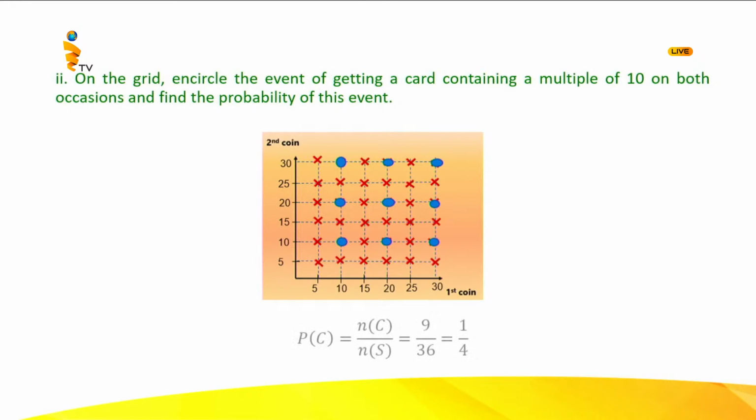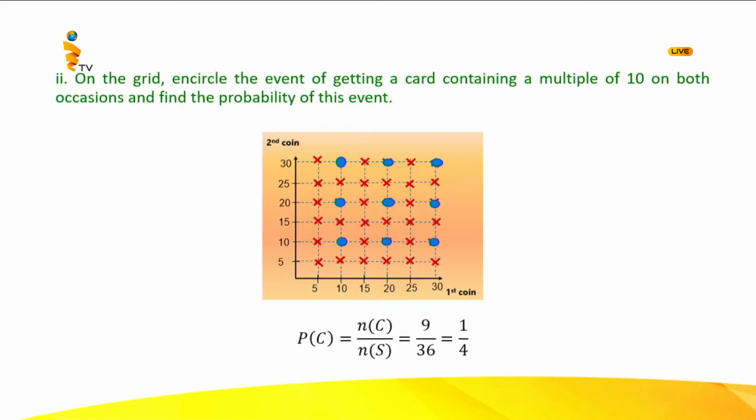And if I name this event as C, you have to find P(C). That means the probability of getting a card containing a multiple of 10 on both occasions. So to find P(C), you have to divide n(C) by n(S). What is this n(C)? The number of elements of this event, and n(S) is the number of elements in the sample space.